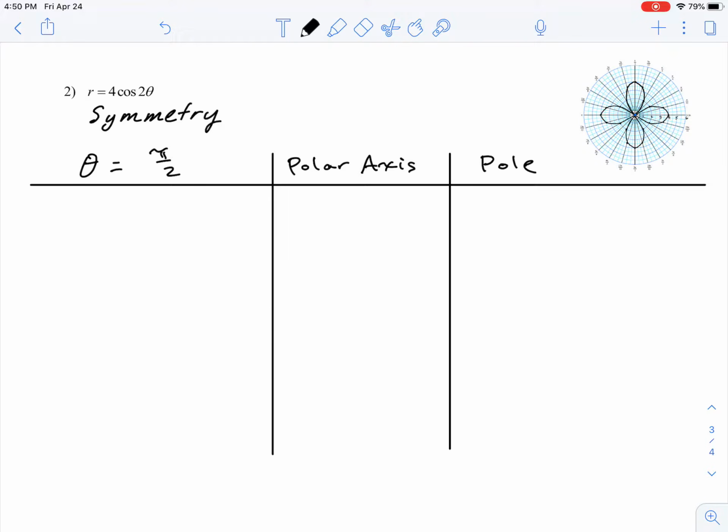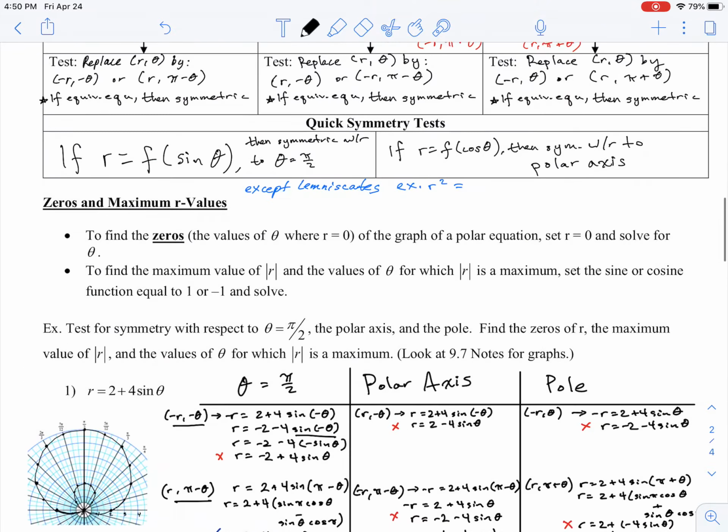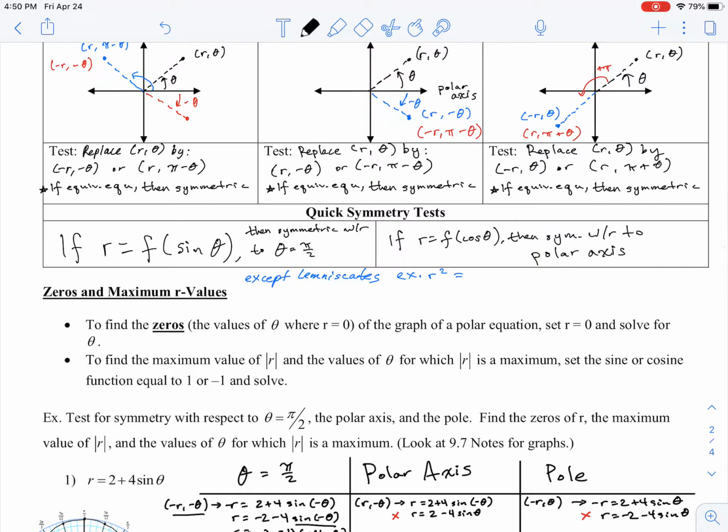Now, before I do, one thing that I didn't mention in my previous video, and I did that intentionally because I wanted to make sure we really focus on learning algebraically how to check for the symmetry. But if you look back to the beginning part of our notes, we did mention a couple of very quick symmetry tests, which we didn't utilize in the previous problem, but we're going to use to our advantage here.